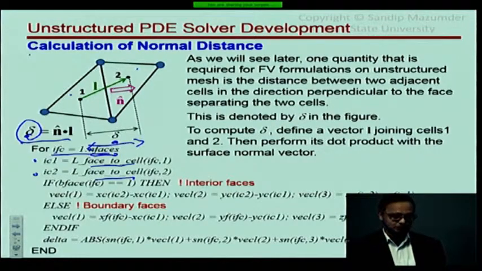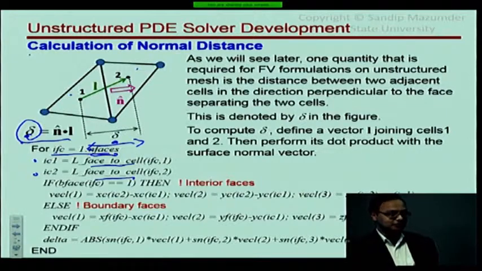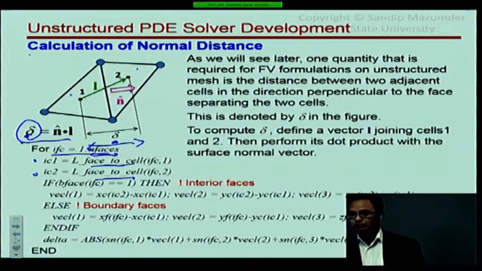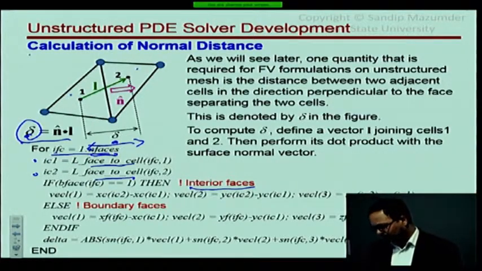We are checking to see if it's an interior face or not, because if it's a boundary face, then one of them doesn't exist. You have to do something different if it's a boundary face, because cell 1 and cell 2 both don't exist, only one of them does. So if it's an interior face, I think I've labeled this wrong.